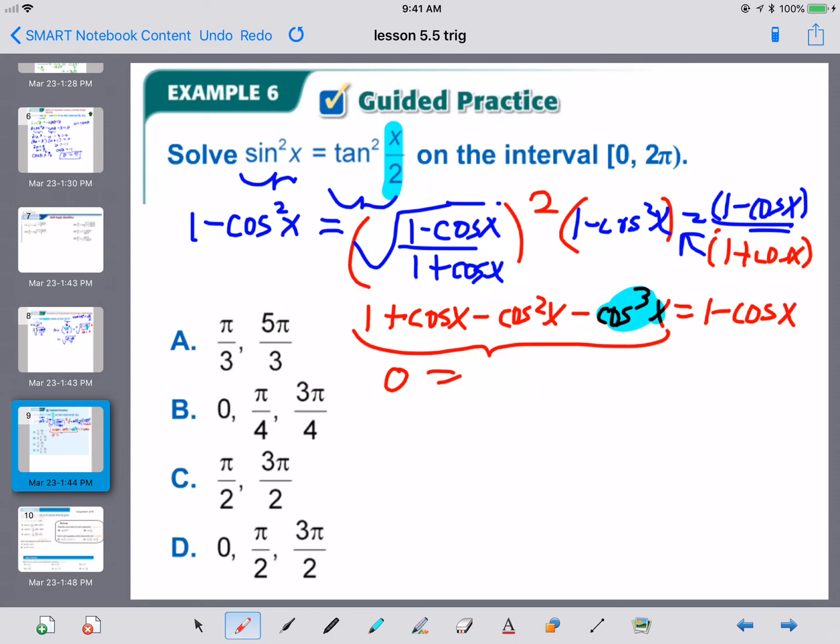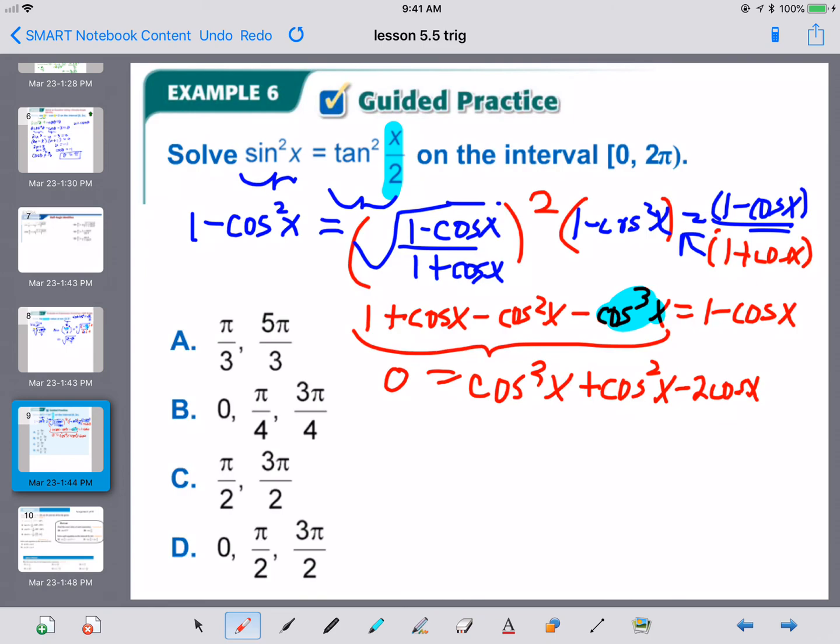Let's start with the highest power, cosine cubed. So I'm going to have a cosine cubed. Then next I'm going to have a positive cosine squared. I'm going to subtract a cosine. There was already a cosine there, so that's minus 2 of those. And then my positive 1 becomes a negative 1 and subtracts and becomes a 0 on the other side.